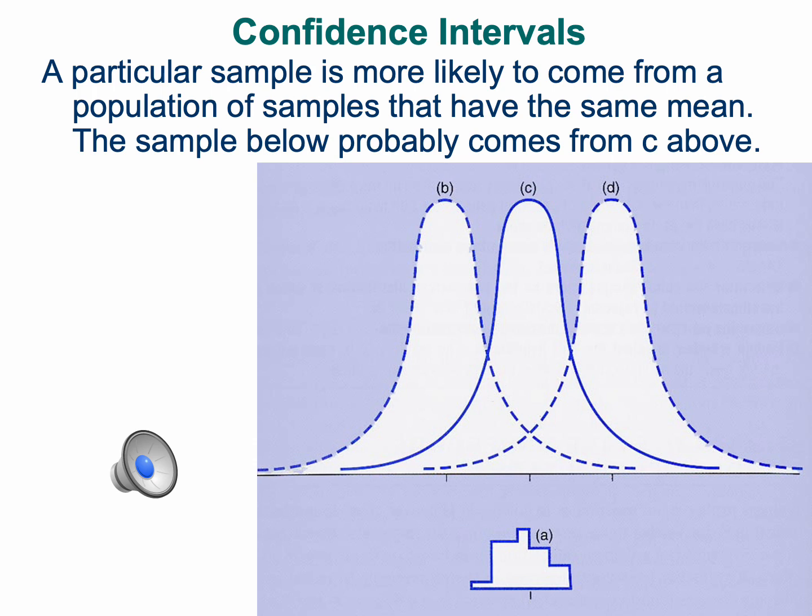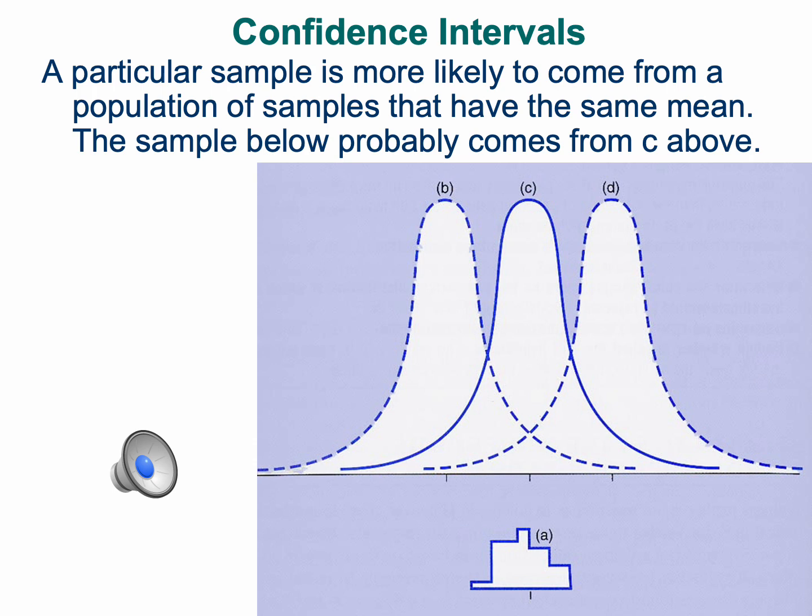If you look at the sample mean below, it's very likely to represent the mean of a population that has the same mean that it has. And then the probability that it represents another population trails off from that in a normal curve. So a particular sample is likely to come from a population of samples that have the same mean.